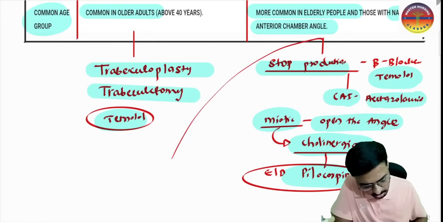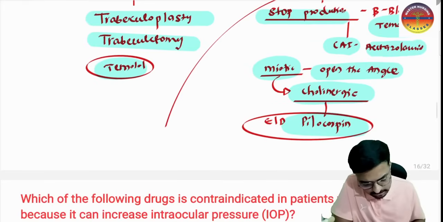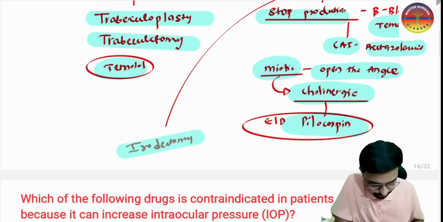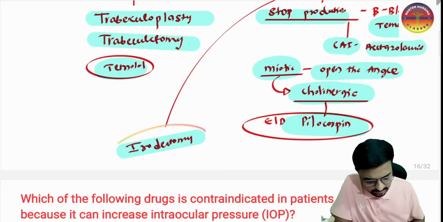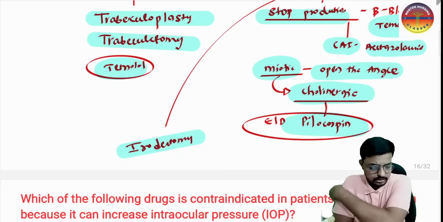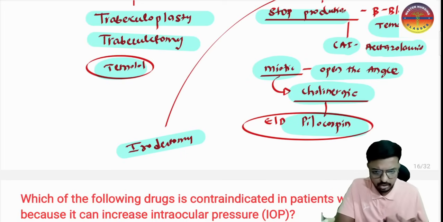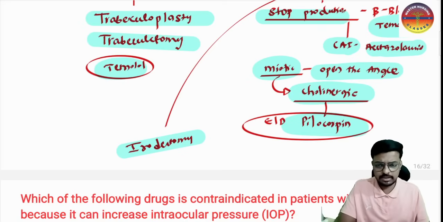Even after giving all these things, if this is not working, we will go for the iridectomy. We will remove part of the iris of the eye and put a shunt for drainage of the fluid, and along with this the partial iridotomy or iridectomy can also be done. I will teach all the surgeries together, so just remember here.